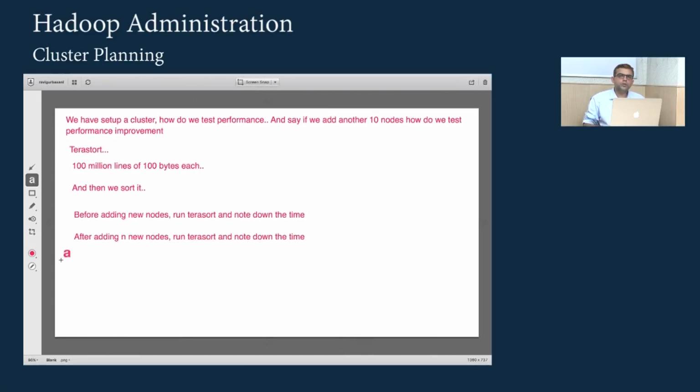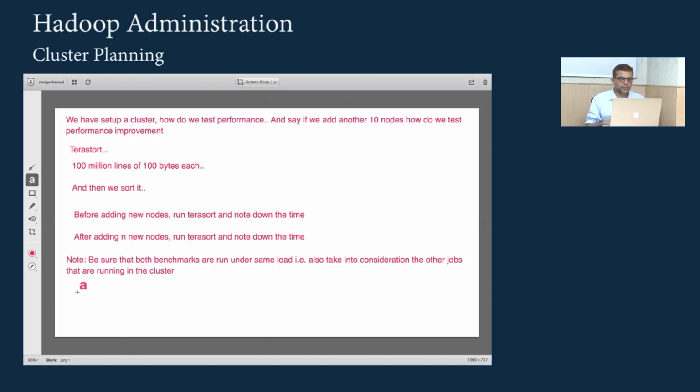Now this would give you the performance gain by adding new nodes. The important note here is to be sure of the other jobs that are running inside the cluster.